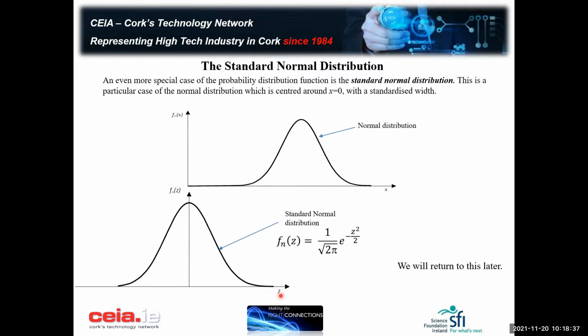It becomes a z variable. So it's centered around and symmetrical around the z equals 0 axis. It's still a bell-shaped curve. It has a standardized width, whereas a normal distribution is bell-shaped but has variable width.